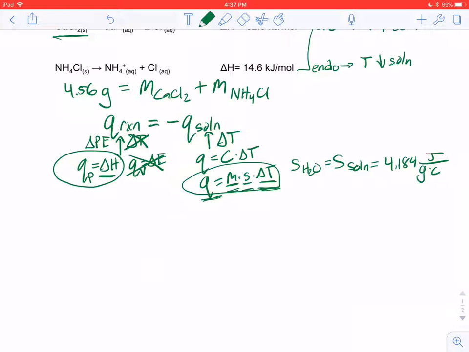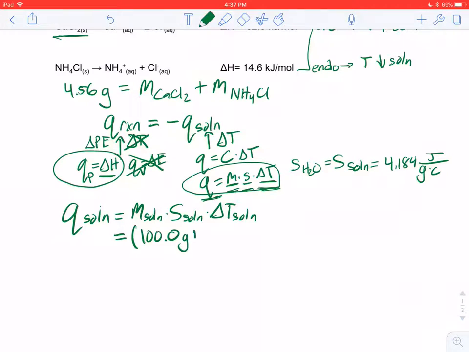The heat of our solution is going to be equal to the mass of our solution, times the specific heat of our solution, times the temperature change of our solution. So that's going to be equal to our 100 grams plus the mass of the salt that we added in, which is 4.56 grams, times our specific heat, times our temperature change.